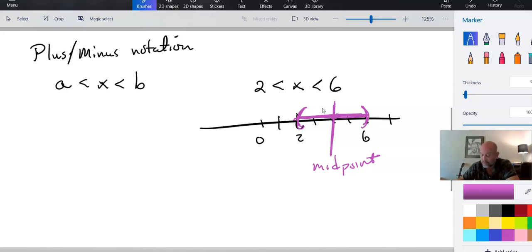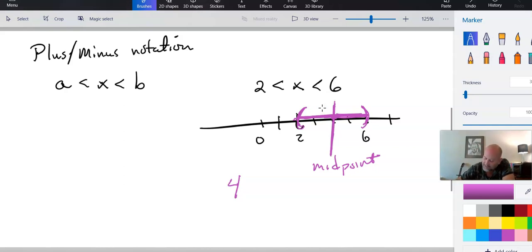Okay, so what we would like to do is to first find the midpoint. Now, first of all, we can look at this. If that's 2 and that's 6, this midpoint is 4, right? You can clearly see there are 2 units on either side of this. So we start with 4, and we want to point out how far away from 4 the endpoints are.